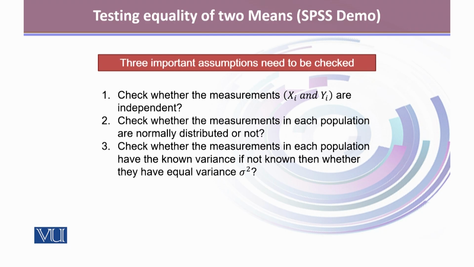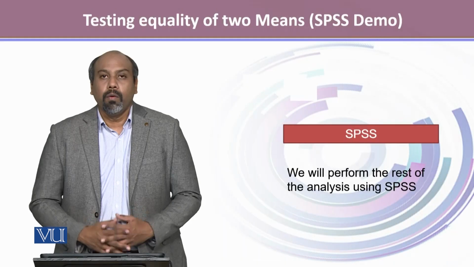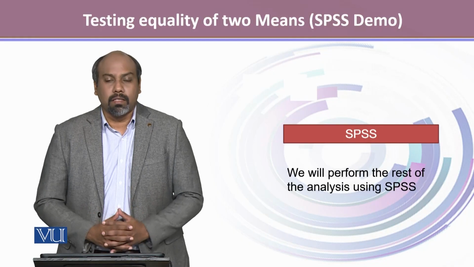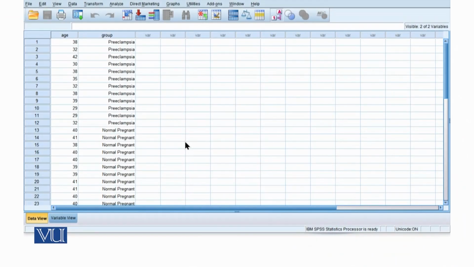The second important assumption that we have to check is whether the measurements in each population are normally distributed or not. And thirdly, we have to check whether the measurements in each population have the known variance, and if known, then whether they have equal variances or not. We will perform the rest of the analysis using SPSS.